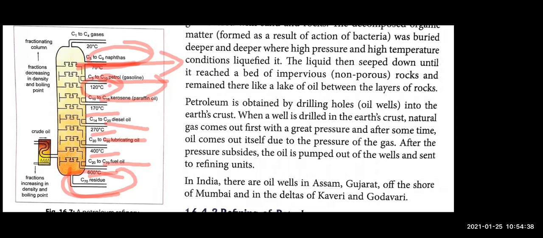In fractional distillation, the crude oil is separated into 6 to 7 fractions, which boil at different temperatures. When they boil, they rise up, become lighter, and are collected out. So this is your fractional distillation.